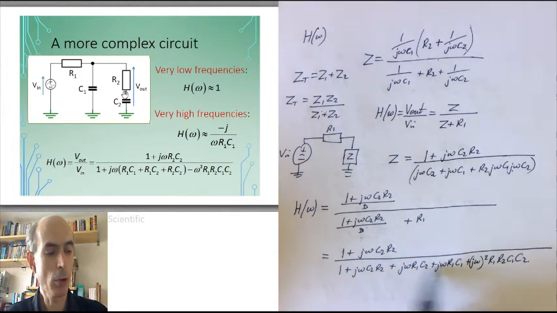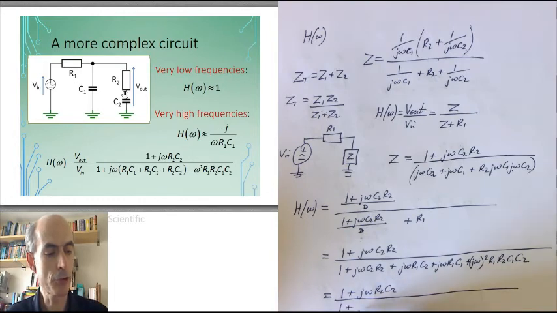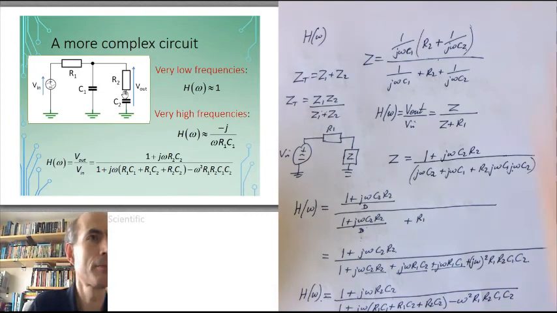These terms here all have a common factor of j omega, which I could extract, and that would allow me to write my final result as 1 plus j omega R2 C2 over 1 plus j omega times R1 C1, that's this term, plus R1 C2, that's from this term, plus R2 C2, that's from this term, minus omega squared R1 R2 C1 C2. And that's my final expression for my frequency response. Fit on the page.